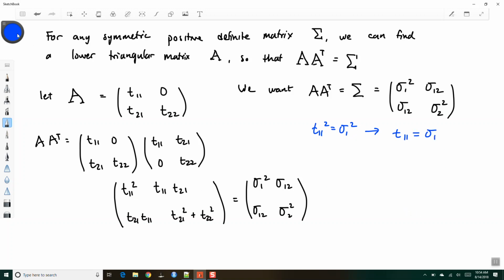So we've got that, and then let's do another one, and we'll say T11 T21 is equal to sigma 1,2, okay? And thus, now that we have sigma 1, we have sigma 1 times T21 equal to sigma 1,2. So we have T21 equal to sigma 1,2 over sigma 1.